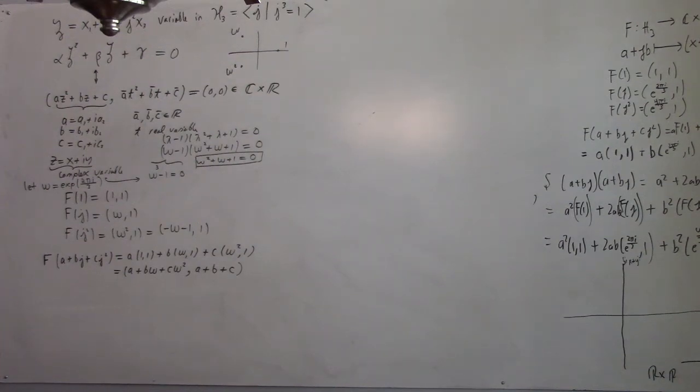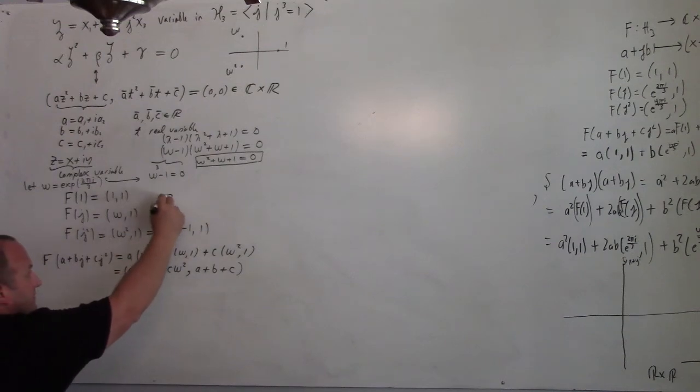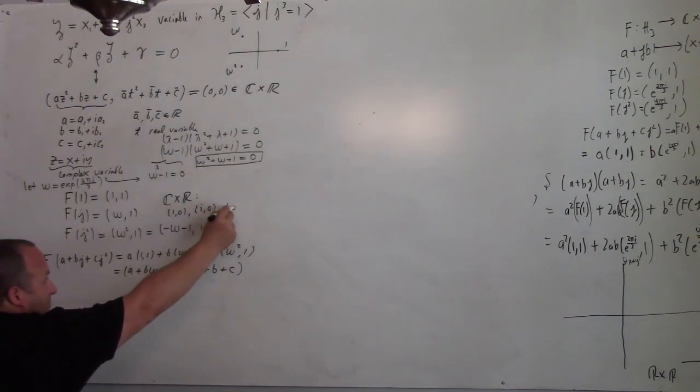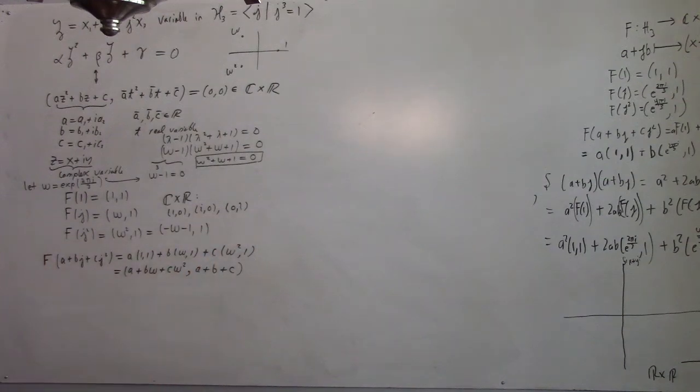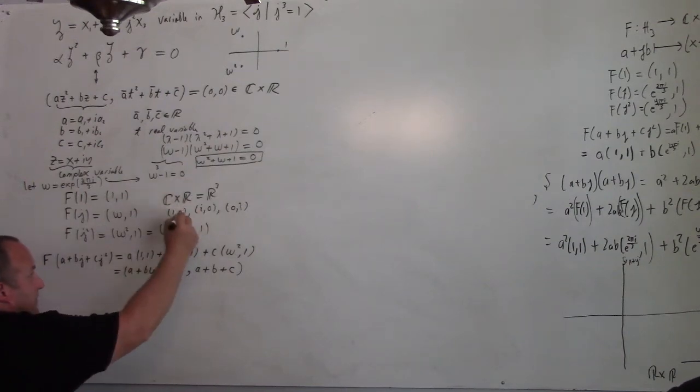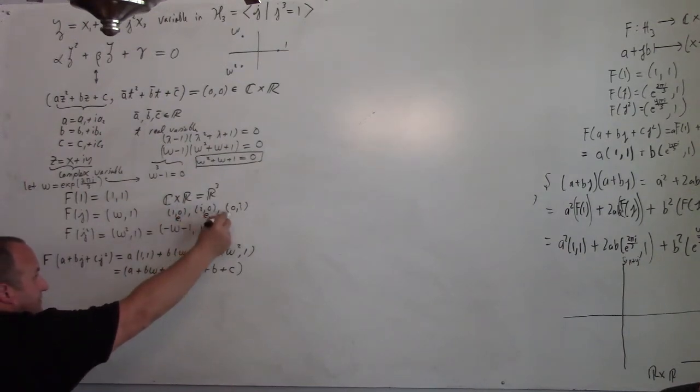Let's use a basis. For C cross R, we can use the basis 1, 0; i, 0; and 0, 1. We can think about C cross R as R3 really, where this is my e1, this is my e2, this is my e3.